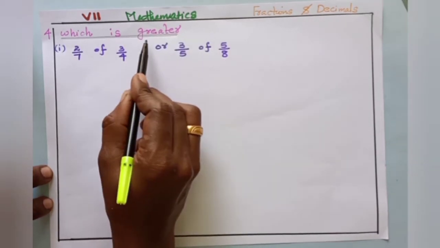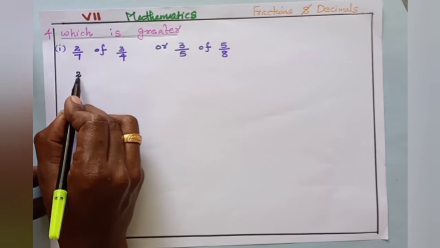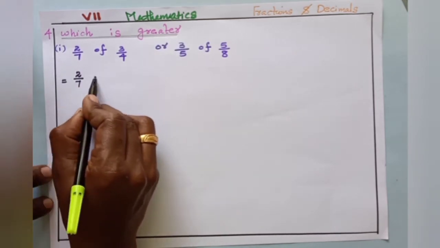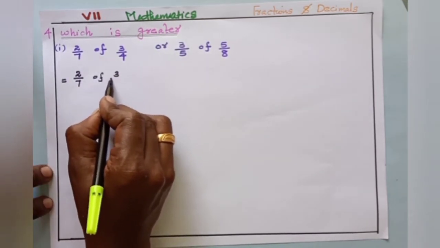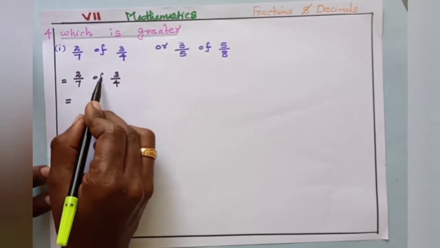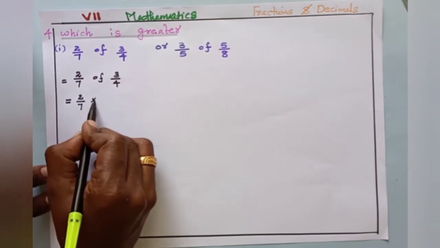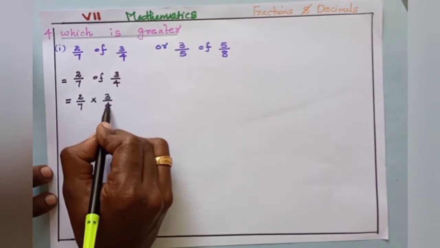So we want to find out which is greater. Do this first: 2 by 7 of 3 by 4. Take the product, meaning into: 2 by 7 into 3 by 4.